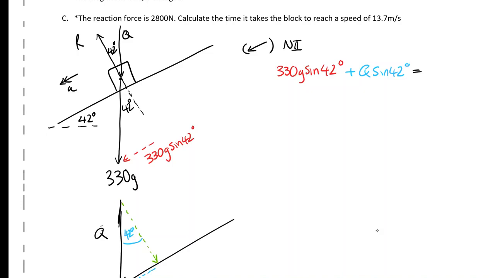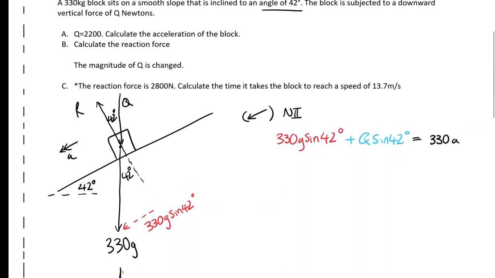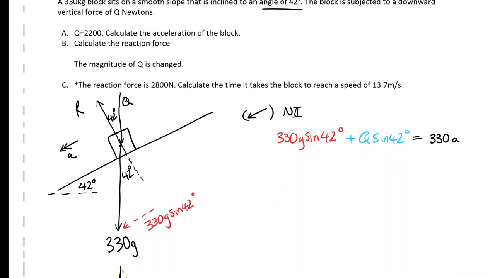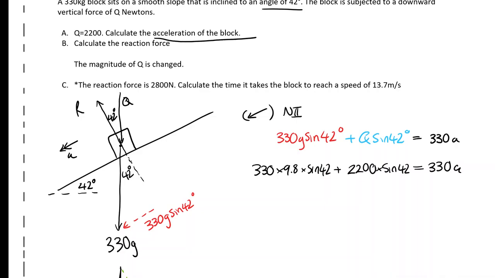We know that M is 330, so 330 A. Q is 2,200 in this situation, so we can put that in. 330 times 9.8 times sine 42 plus 2,200 times sine 42 equals 330 A. A is now the only unknown, and it is the aim of the question.